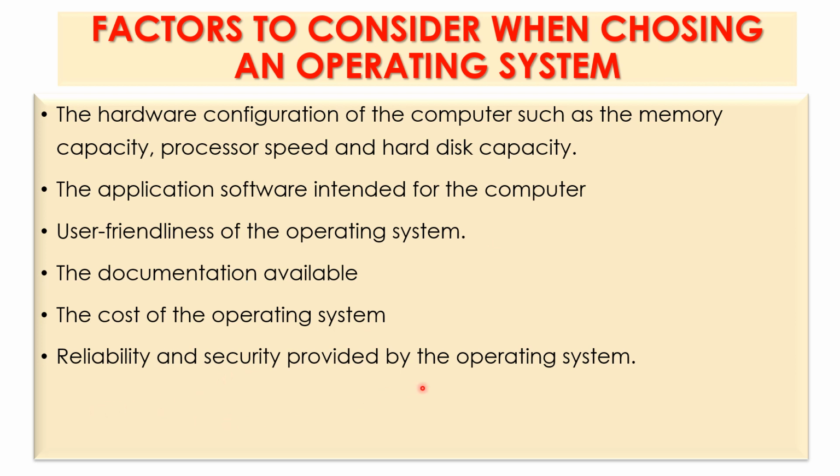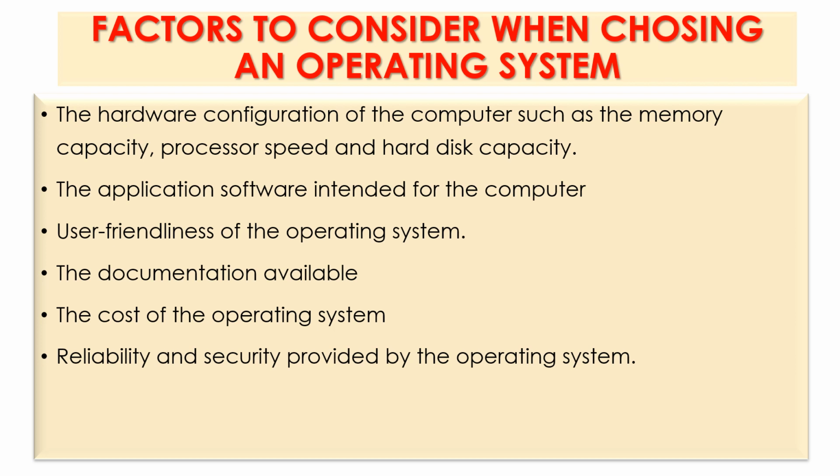Reliability and security provided by the operating system. Of course, there are some operating systems that are free, but there are some that are costly. And on reliability and security, we also mentioned that free software usually has room for malware. Malware, we talk of the viruses that can destroy your computer. So in this case, you have to see: this operating system is expensive and this one is free.